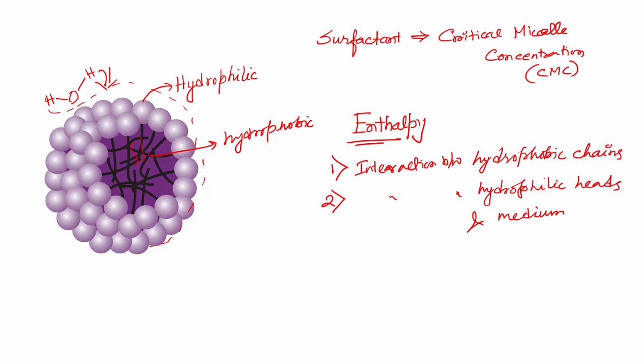So the general scenario is that, without knowing the exact conditions provided, we can't comment on an exact answer from these two interactions. Enthalpy can be negative or positive, that means it can be exothermic or endothermic, depending on which interaction is more dominant.